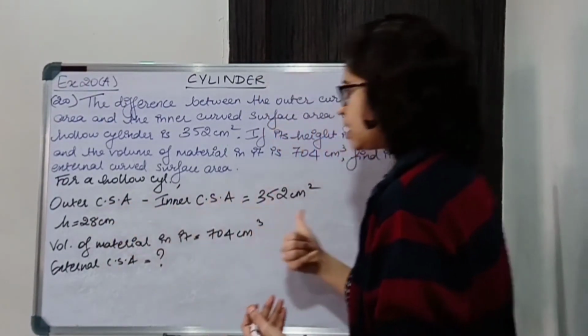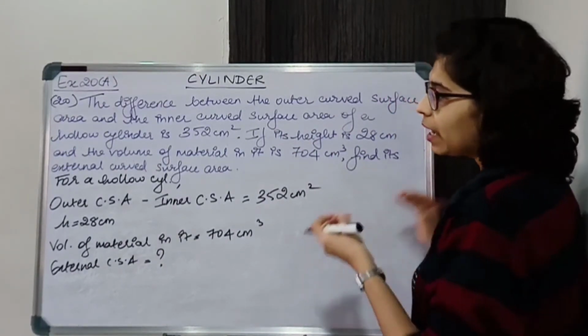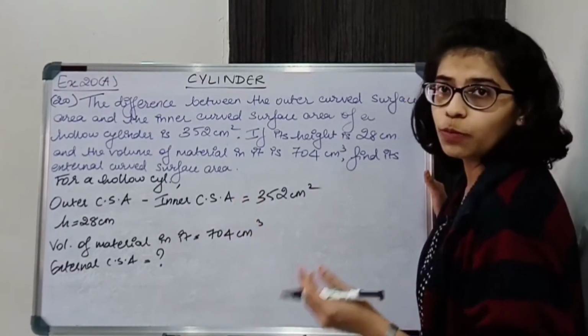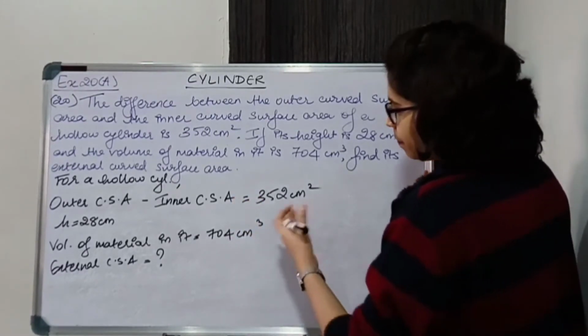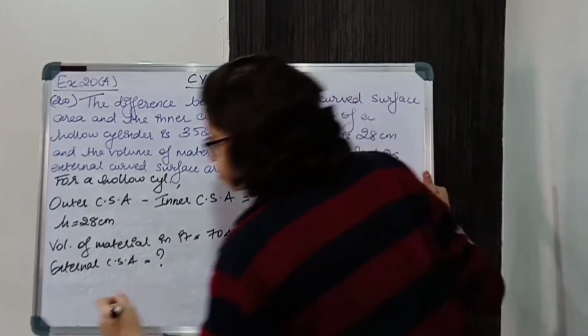Outer CSA minus inner CSA. We know outer CSA is 2 pi R H, capital H, and this will be 2 pi small r h, which is equal to 352. So we'll use that information.